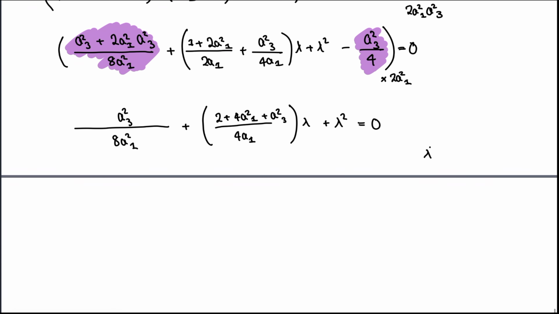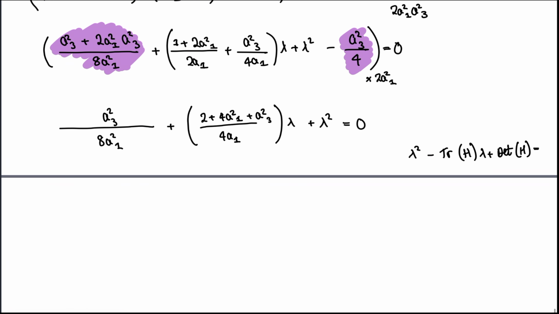So if I now write our characteristic equation for finding our eigenvalues of a 2 by 2 matrix, it was lambda squared minus the trace of the matrix, and then lambda, plus the determinant of that matrix.